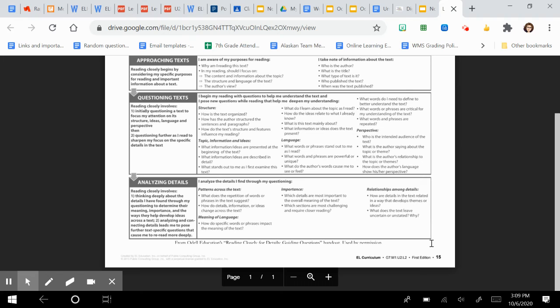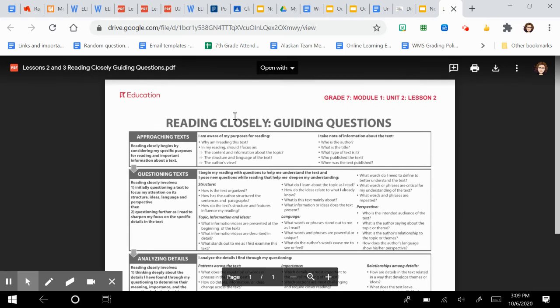How do they develop the theme? And what does the text leave uncertain or unstated, and why? What's left out?